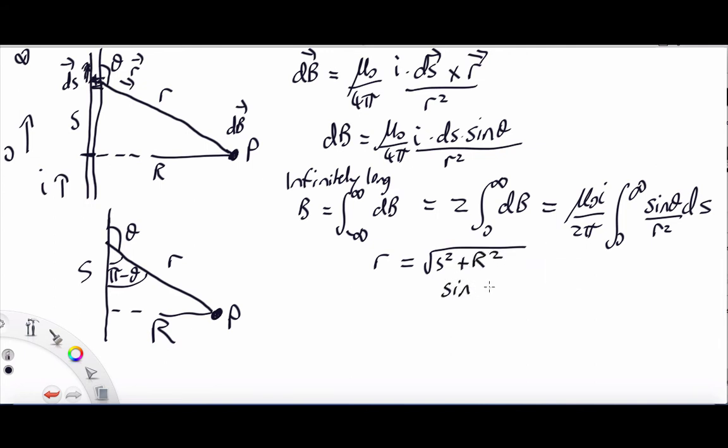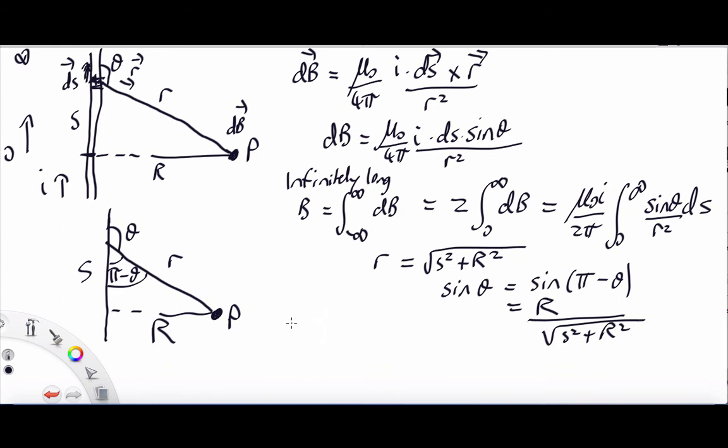And we can say that sine theta, which is actually the same by the rules of trigonometry, equals sine of pi minus theta, and sine of pi minus theta is the opposite over the hypotenuse, which is R over square root of s squared plus R squared.